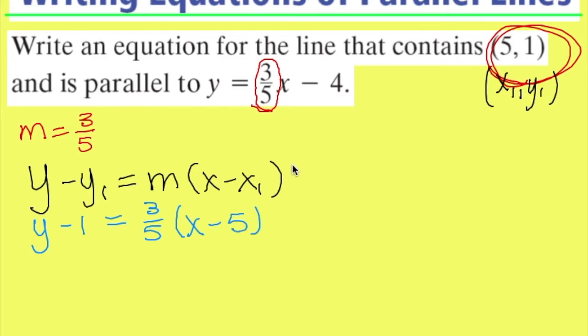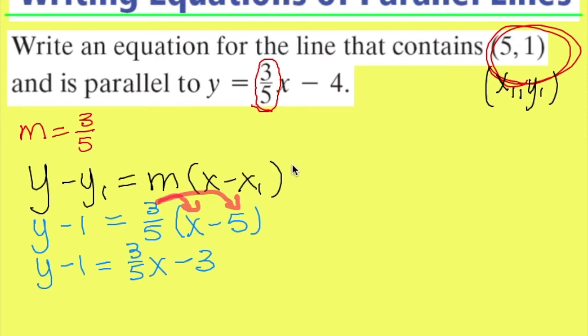If I want to go ahead and rewrite that into slope-intercept form, I would need to first distribute the 3/5. So I would have y minus 1 equals 3/5 x minus 3.